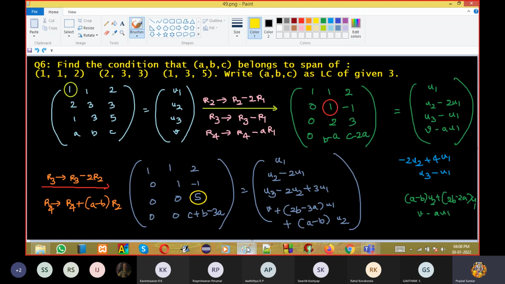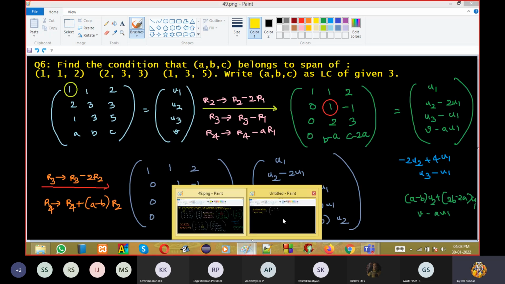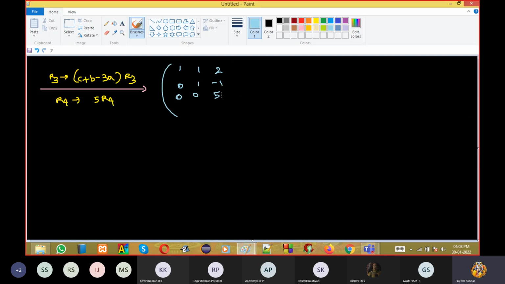What I'll get: 1 1 2, 0 1 minus 1, then 0 0 5 into (c plus b minus 3a), and here 0 0 5 into (c plus b minus 3a).